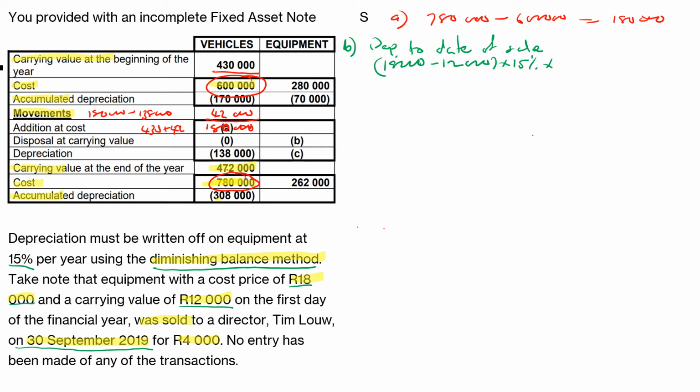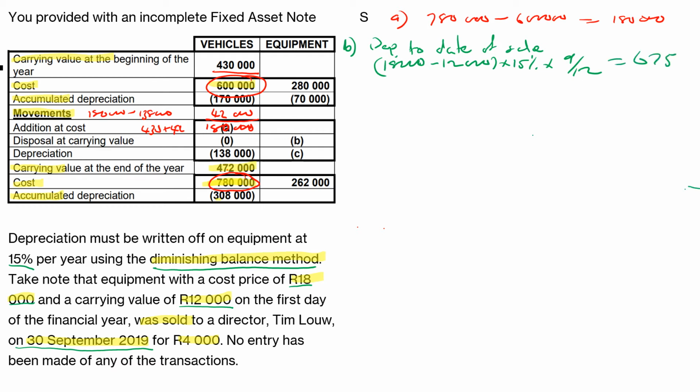So it was in use for 9 months, times 9/12. So 18,000 minus 12,000 is 6,000, and 6,000 multiplied by 15%, times 9 divided by 12, will be equal to 675.